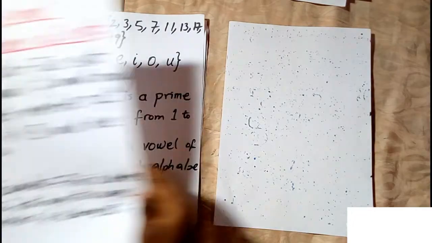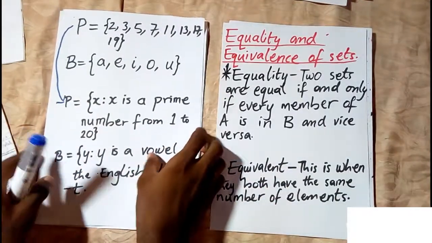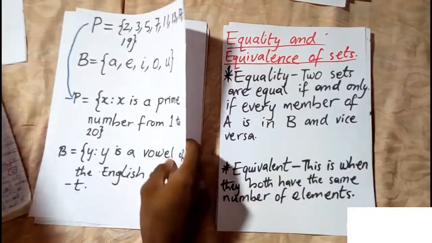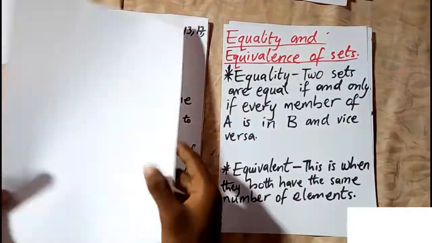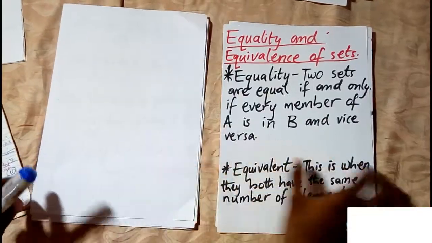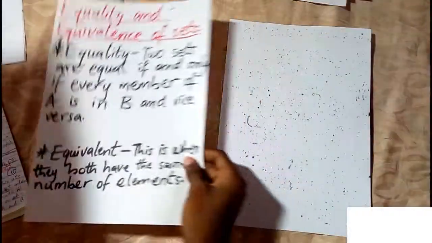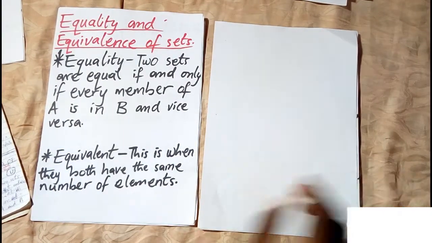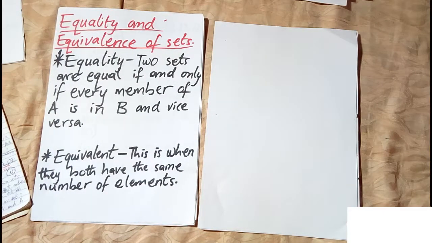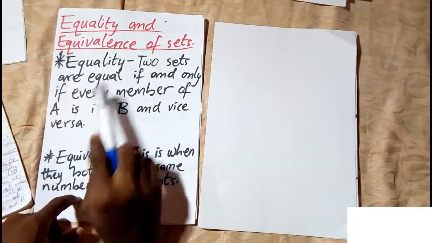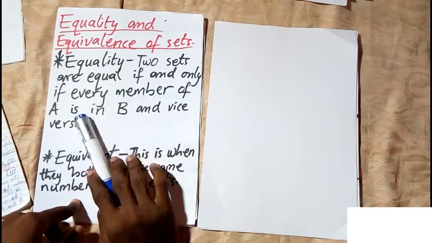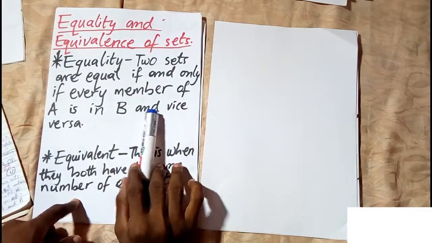The next thing we move on to is equality and equivalence. We have equality of sets and equivalence of sets. Sorry for the too much moving of papers. Equality of sets: two sets are equal if and only if every member of A is in B and vice versa.